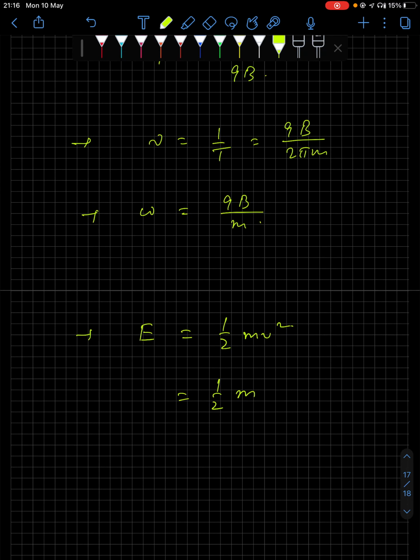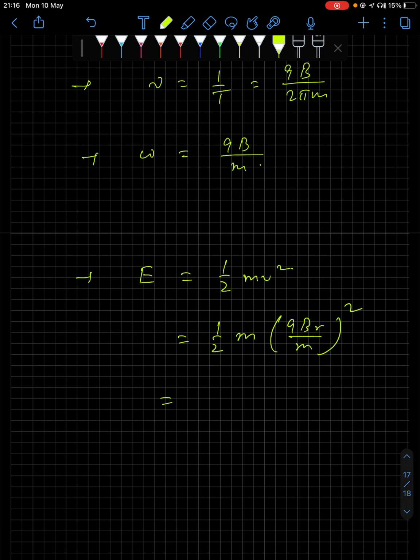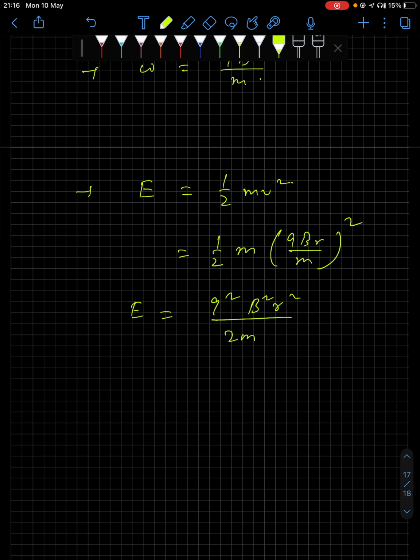If you use that value here, qBr divided by m, squared, you get q square B square r square divided by twice m. This is the expression for the kinetic energy of the particle which is coming out. Now for maximum kinetic energy, q square B square divided by twice m into R maximum square.